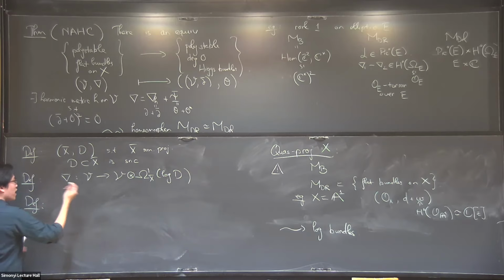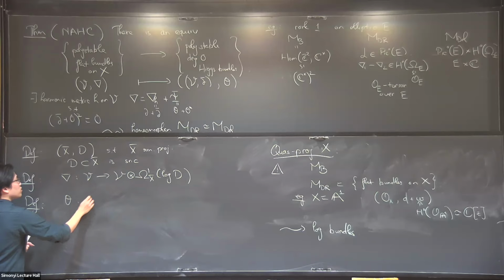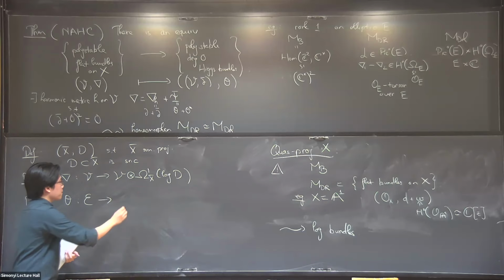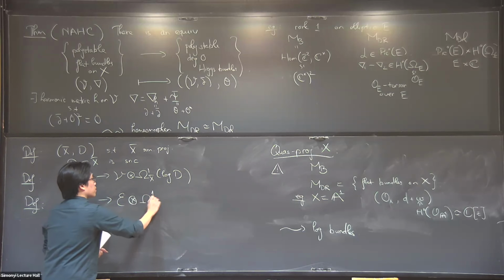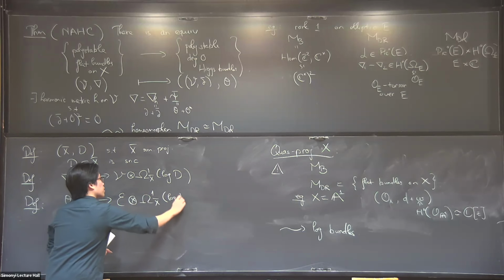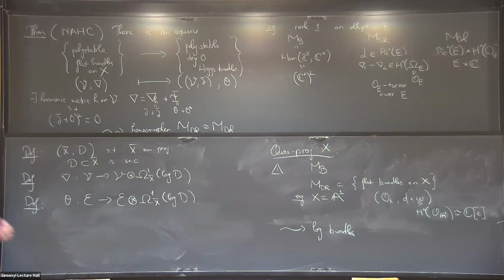And I have a very similar definition for the log Higgs bundles. Now it's the same thing, I require this map to be O_X bar linear.